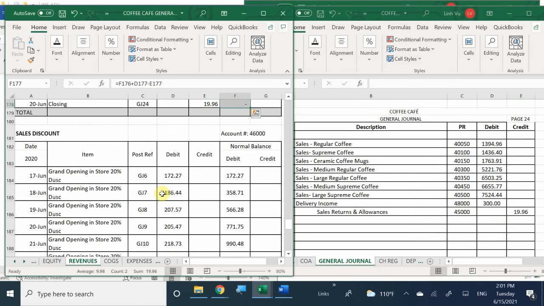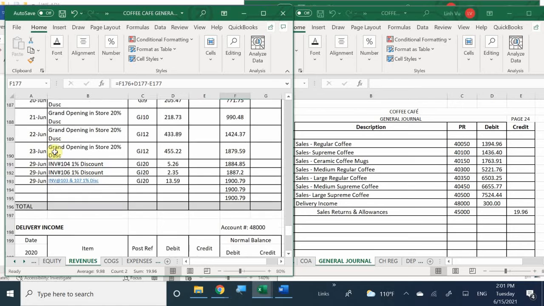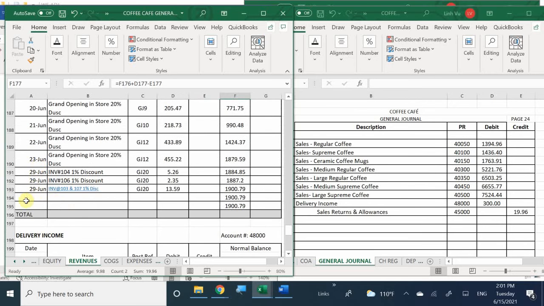All right. Last but not least, we have here is going to be our sales discount. Okay. Our sales discount, right? We've been giving our sales discount to our grand opening and for also customers who owe us money. So in this case, we're going to be closing this account out.